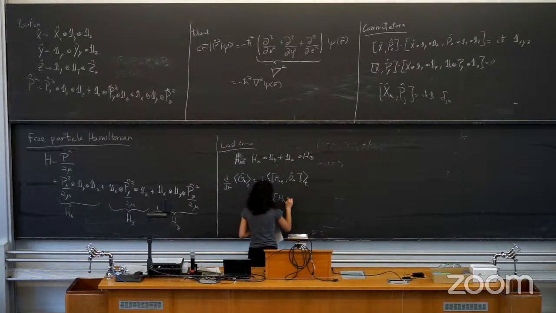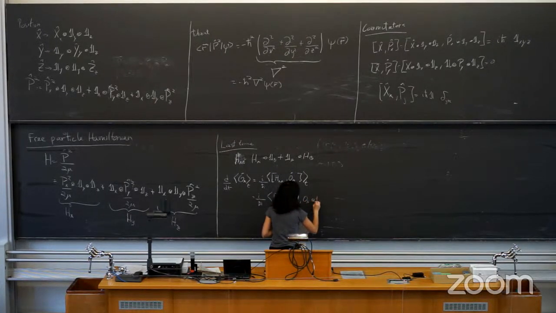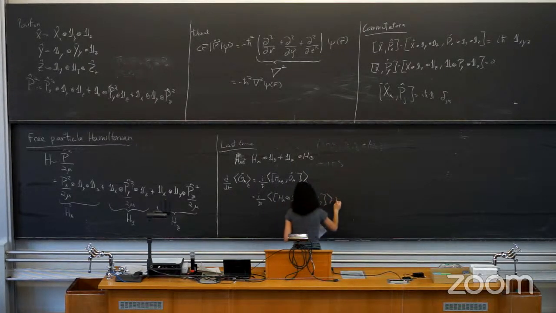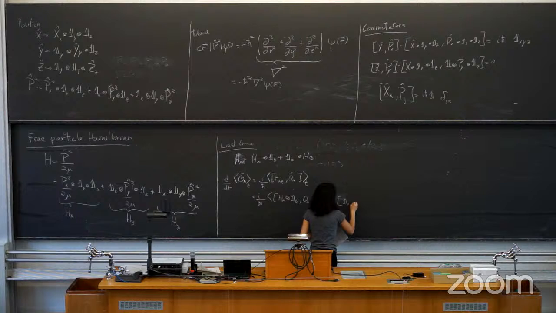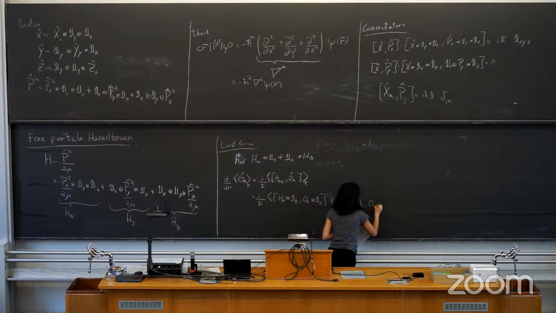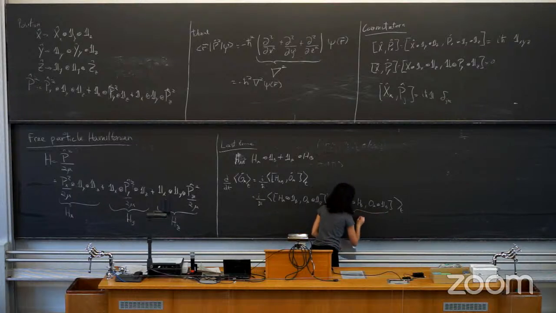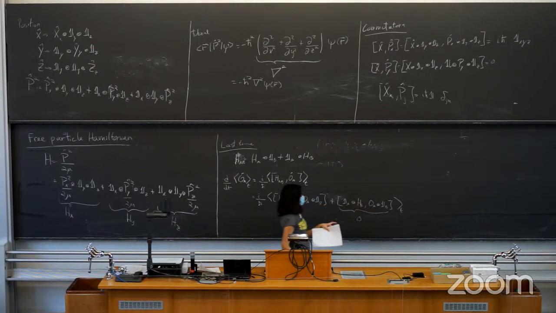HJ times OA, and OA is also an observable that acts trivially on B. Plus, I can even have it inside the thing. And this is always 0, because again, they're operators in different subsystems with the identity and the rest.